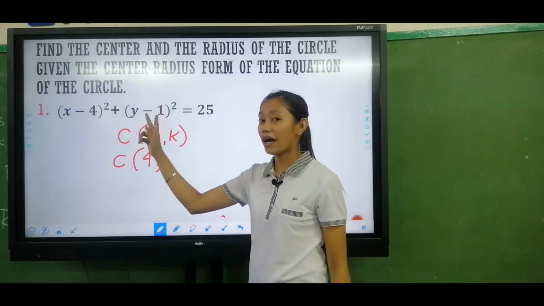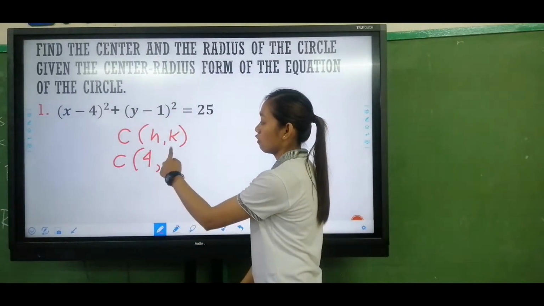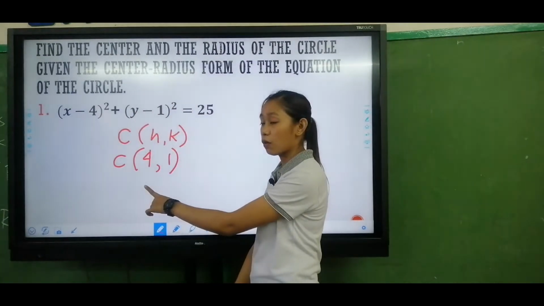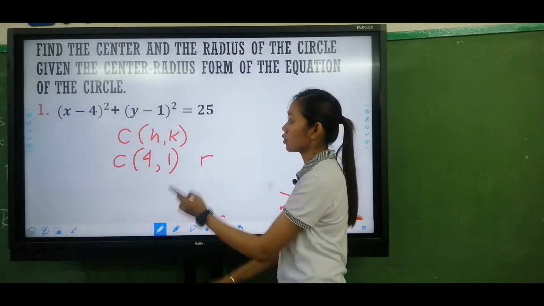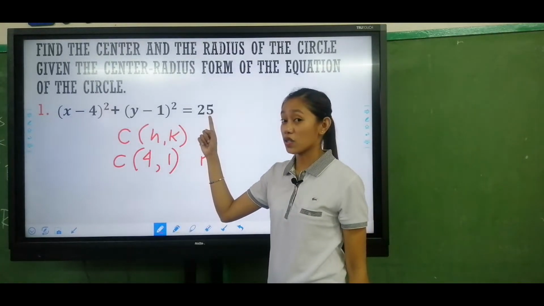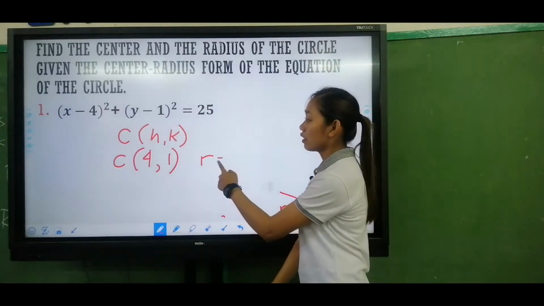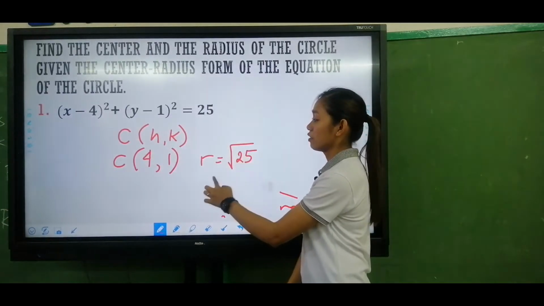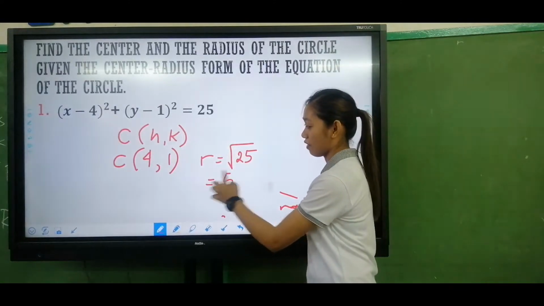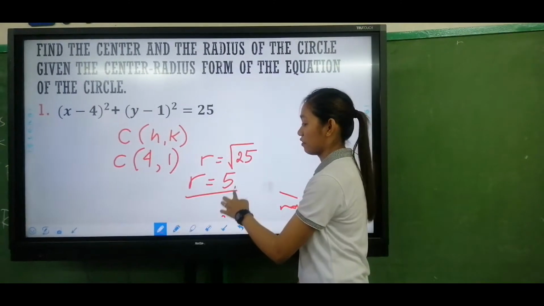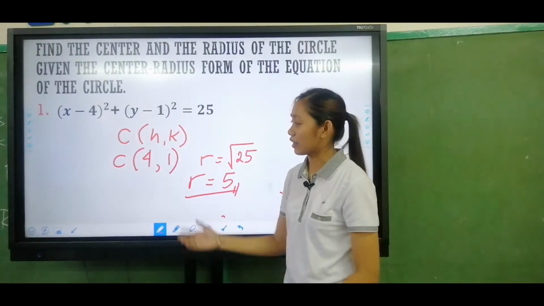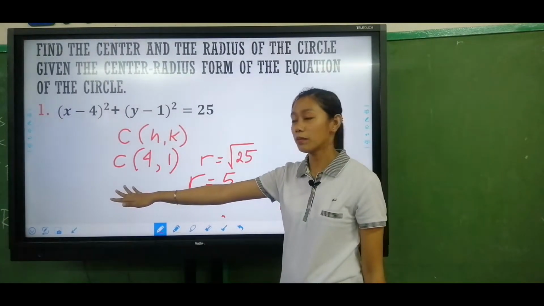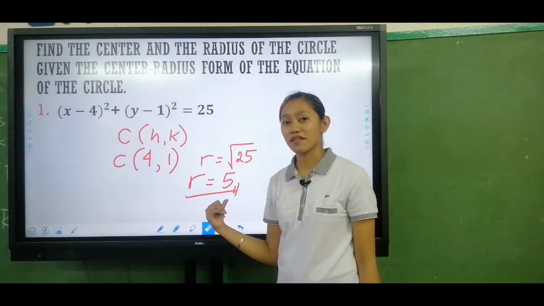So y minus k. So this will be 1. The center is (4, 1), and for the radius, in our formula it is r squared. To get the radius, take the square root of 25, so that is 5. So your r is 5. It's that easy. So your center is (4, 1) and your radius is 5.